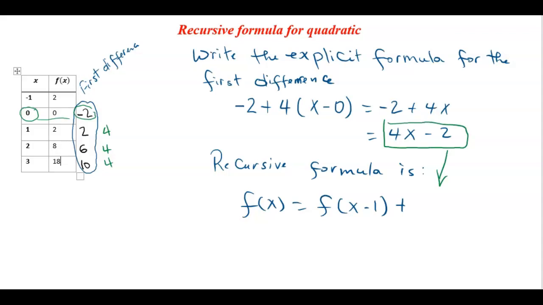So plus 4x minus 2. Okay, and that is your recursive formula for this.